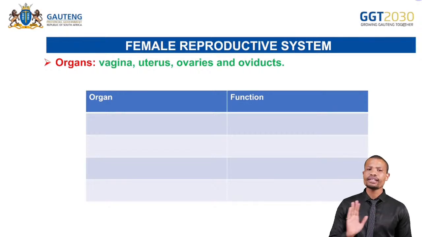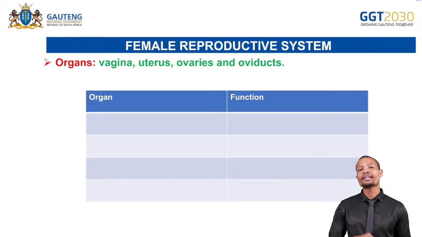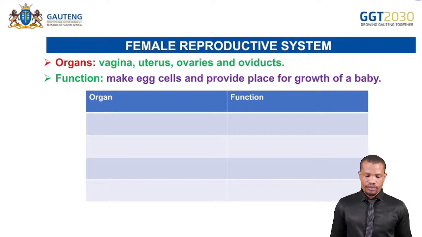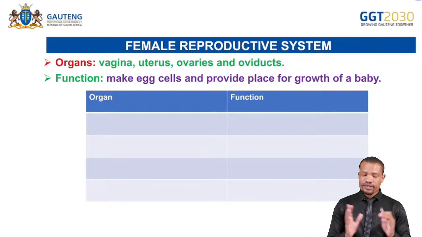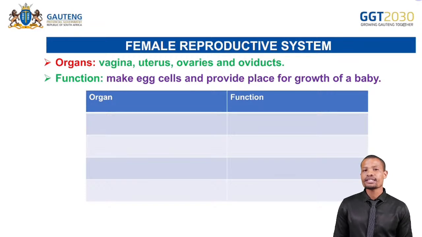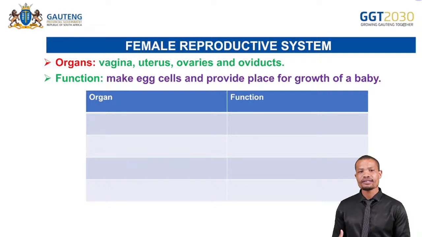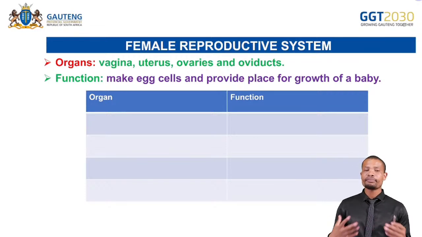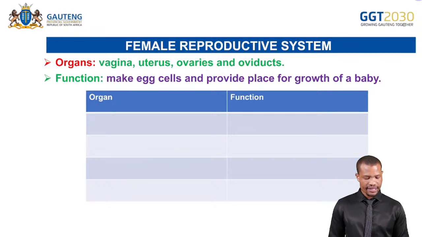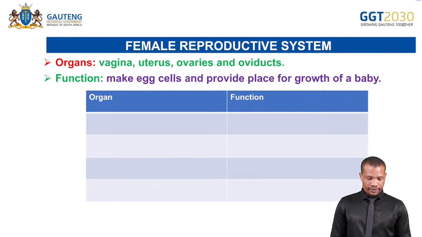We will look at the organ and the function as we did with the male reproductive system. The function of the overall system is to make egg cells and provide a place for the growth of a baby. So let's begin.